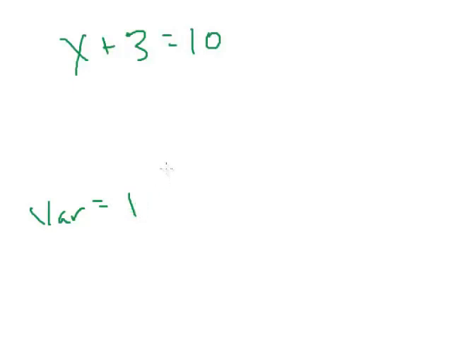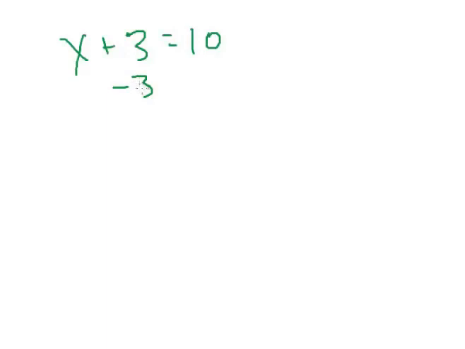So, how do you solve this? Well, in order to get the x by itself, we have to get rid of the plus 3. How do we get rid of the plus 3? You do the opposite of whatever plus 3 is. In this case, of course, that's minus 3. Because if we subtract the 3, then there's not going to be any 3 left, and you're only going to have an x on this side, which is good.